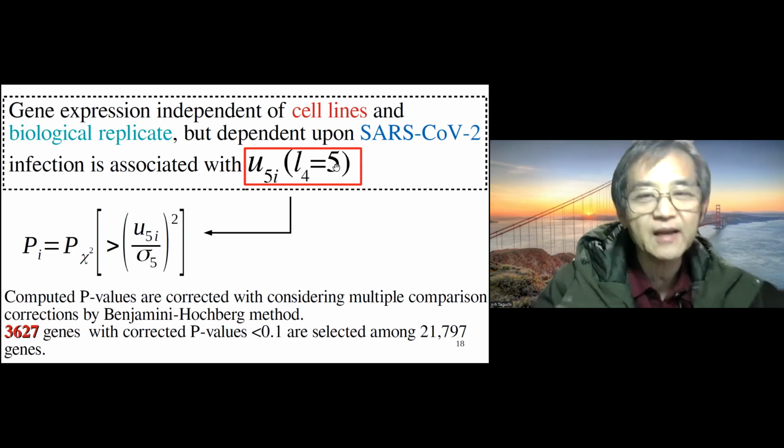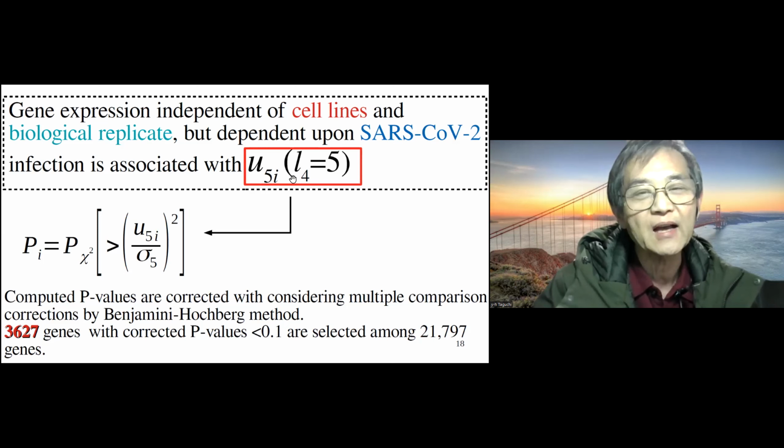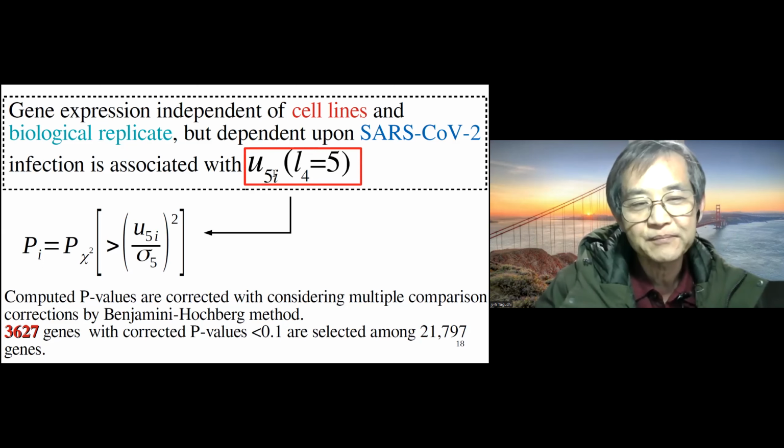Next, we would like to find which gene most strongly expresses this vector. For that, we assume this gene vector obeys the Gaussian distribution.